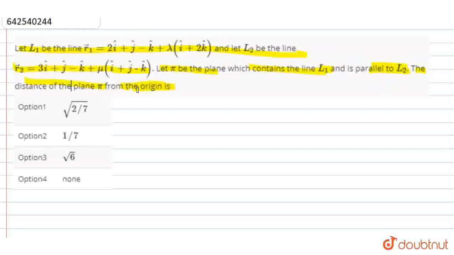So first of all, to solve this question, we should have the equation of the plane also. If we know the normal vector of a plane and the point through which it is passing, then the equation of the plane can be established using the formula a(x - x1) + b(y - y1) + c(z - z1) = 0, where a, b, c are the coefficients of x, y, z in the normal vector.